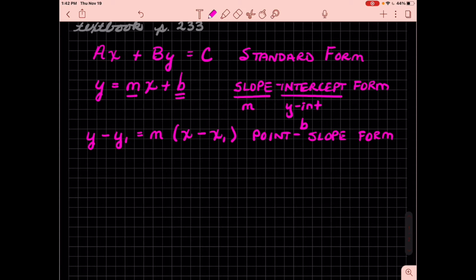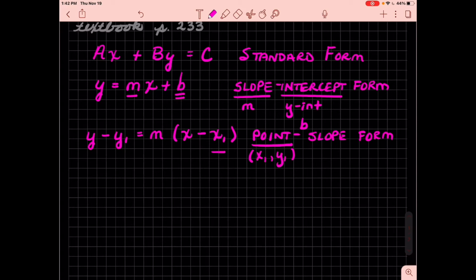The reason we're going to call this point-slope form is there is a point involved in this equation, an x1 and a y1. Those are just denoting that we're picking some x and y that go together. Here is the x1, and notice that the minus is just part of the equation.